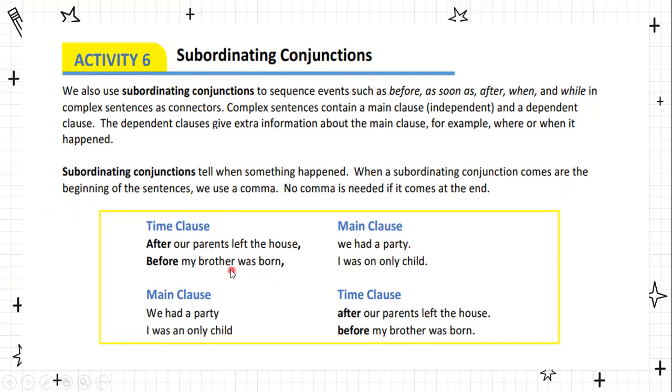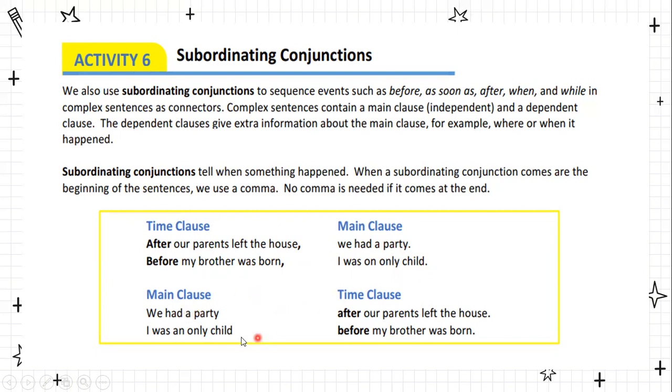So let's look at these clauses. After our parents left the house, comma. So after at the beginning of the clause, and when I finish this clause, I put the comma. We had a party. Before my brother was born, comma, I was an only child. And here, an only child, okay?